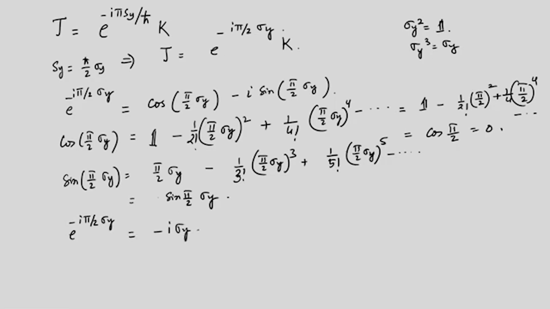So, it is minus i sigma y, and that tells you that this time reversal operator for a spinful case, which is what we wanted to derive, is nothing but minus i sigma y and K. Okay. So, that complex conjugation will be there. This is quite well known.